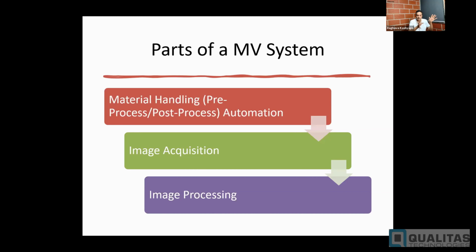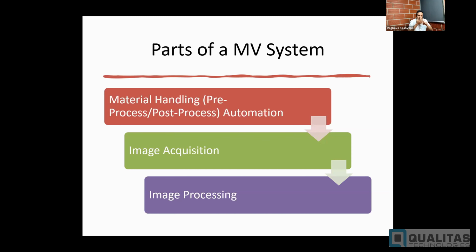So you need something that separates the parts, localizes them, and moves them on a conveyor. Some kind of material handling needs to be there. That's the first basic requirement.